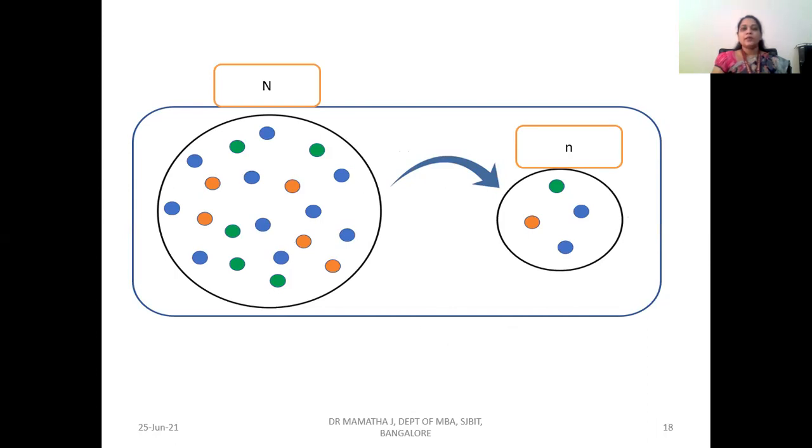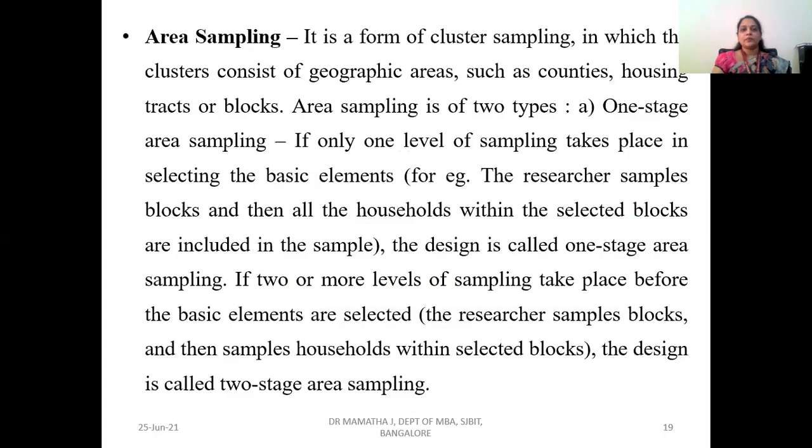When you're forming a cluster, you also include all these heterogeneous people inside your sample. You can see all colors, blue, green, yellow, orange, everything in one cluster. But in case of stratified, you include only blue in one strata, green in one strata, orange in one strata, like that. So that is the main difference between these two sampling methods.